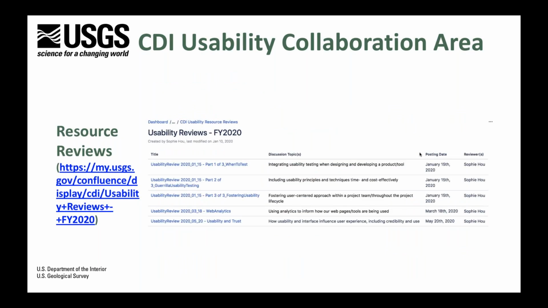And so I came up with a third way for allowing our community members to benefit from the discussion forum, which is by providing resource reviews.